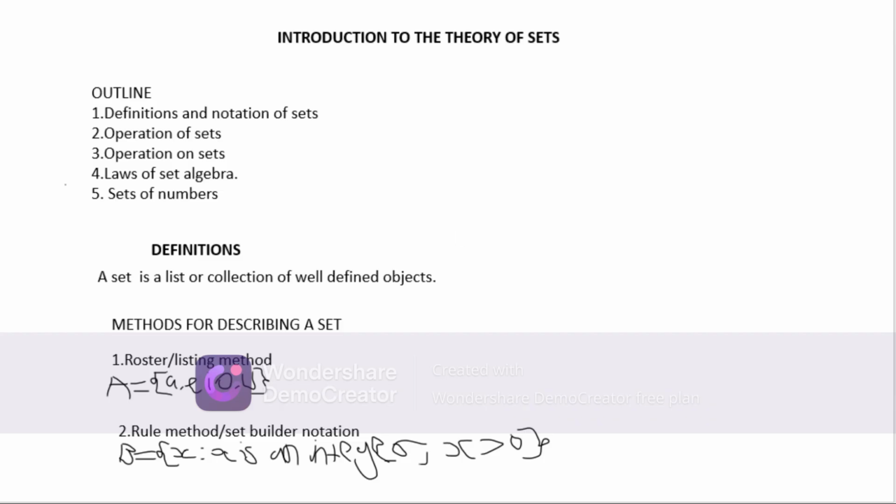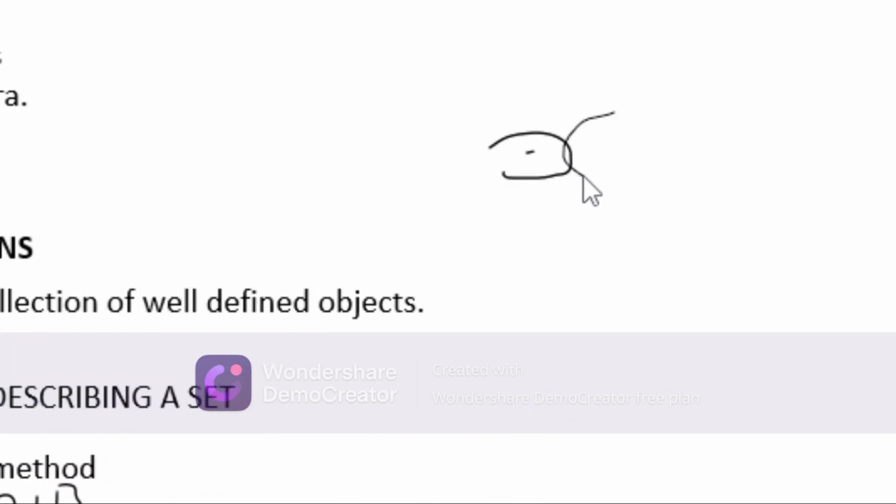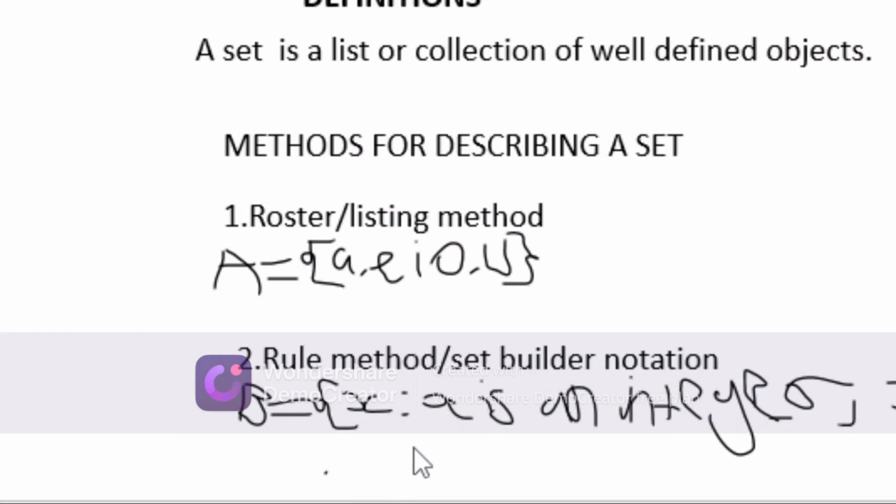This says set B is such that, open bracket, x. The moment you see these two dots, it means x is such that x is an integer.